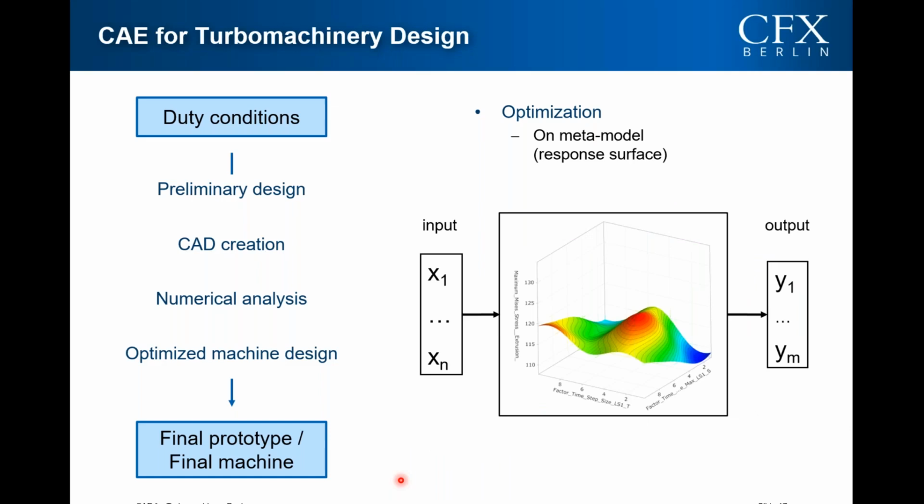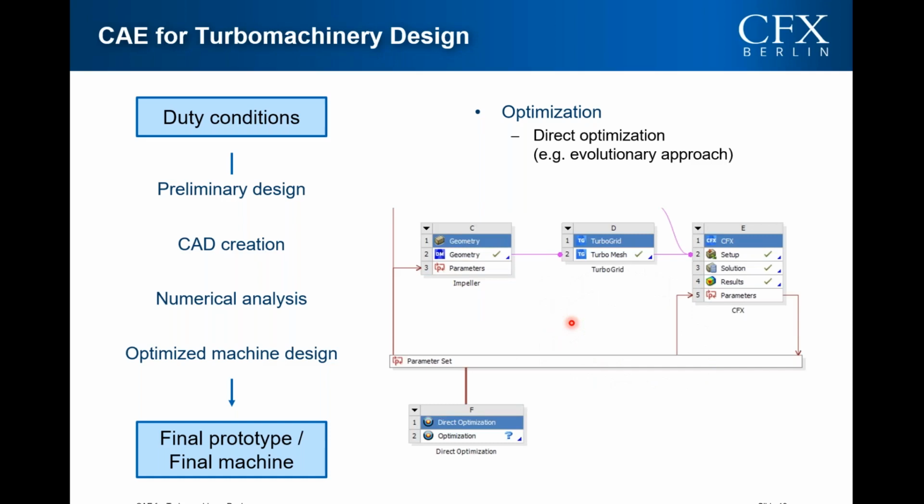The first one creates a response surface of selected output parameters over input parameters, and then tries to find an optimum on this surface here. The second approach uses direct optimization, which means that every design point is a CFD calculation.